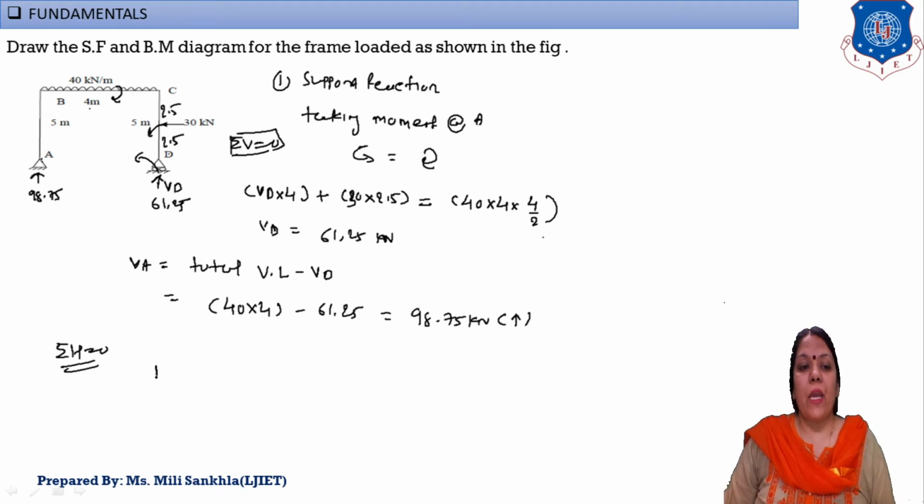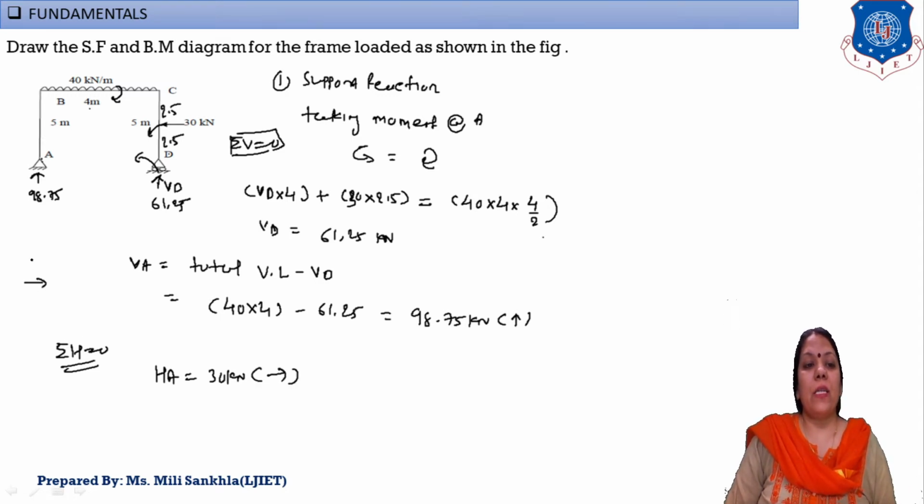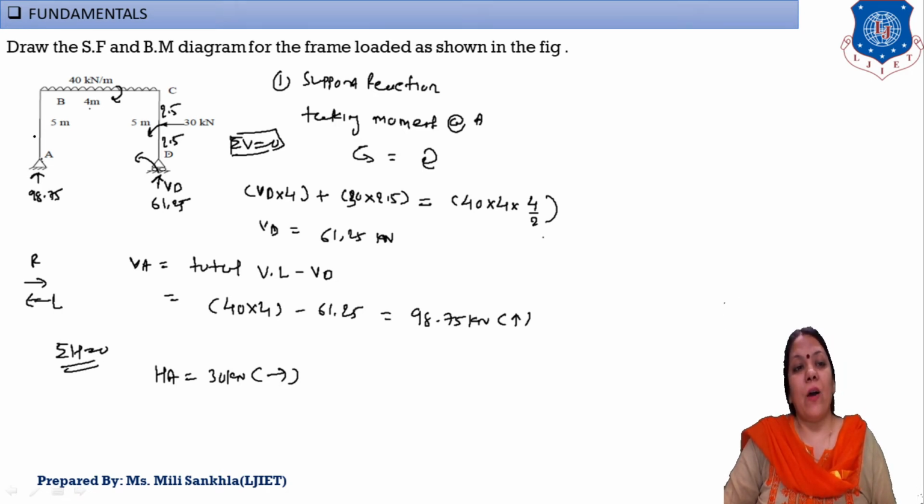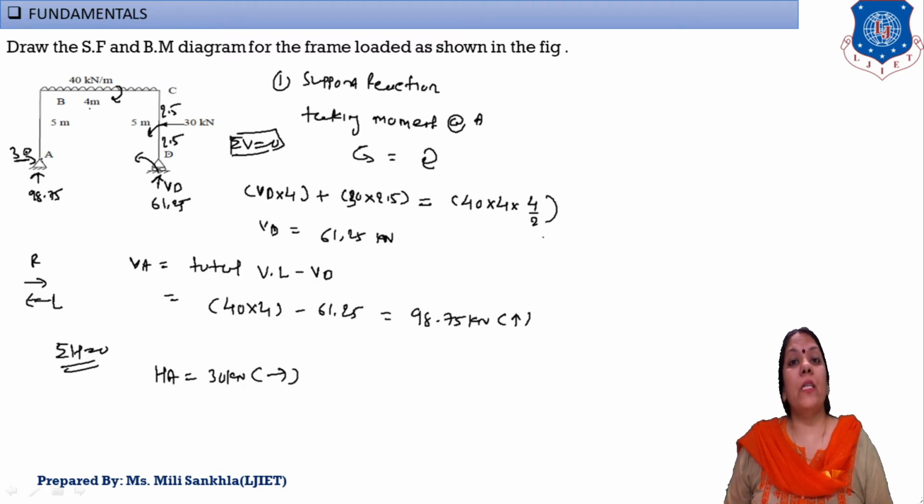So support A, a hinge support, has HA balancing this 30 kilonewton load in right direction. Now apply this 30 kilonewton load on the right hand side. Now my given frame is balanced by externally horizontal and externally vertical.